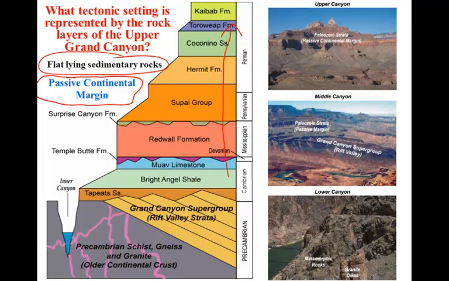So the rock layers of the upper Grand Canyon represent sedimentary rock layers accumulated on a subsiding passive margin as our ocean basin grows, first by rifting, represented by the Grand Canyon Supergroup, and then by seafloor spreading, while the former rifted edges of the continent become a passive continental margin.